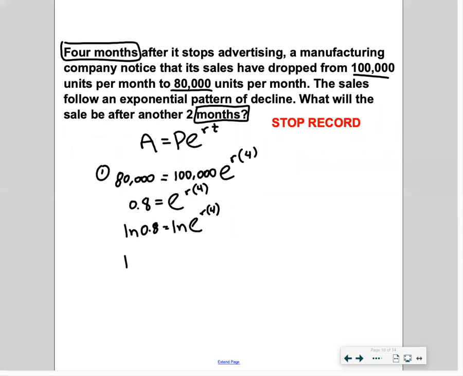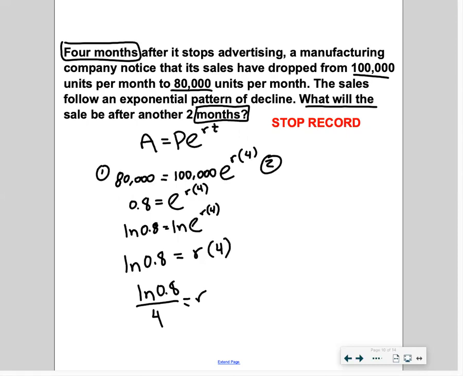So then this would be natural log of 0.8 equals r times 4. So then r is equal to natural log 0.8 divided by 4. That's all step 1, and then be ready for step 2, which is going to be answering the actual question.